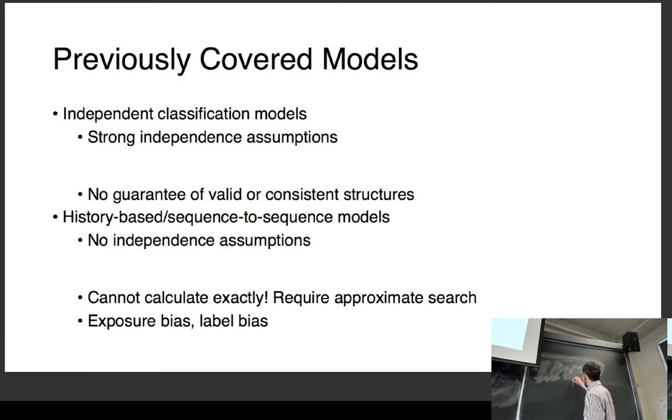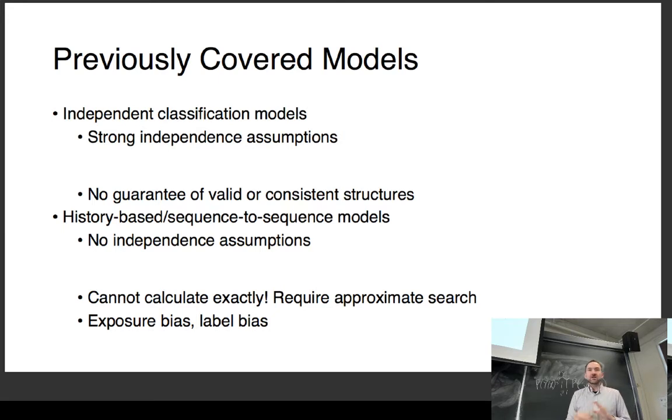So if you want to predict Y, you can write the probability of Y as the product of the probabilities of all of the things. So each of these are independent of each other.